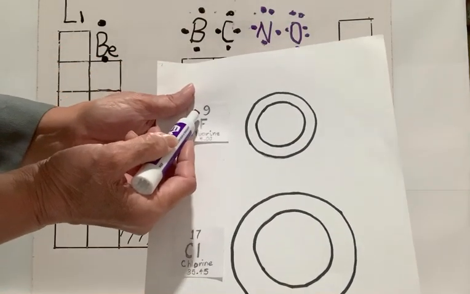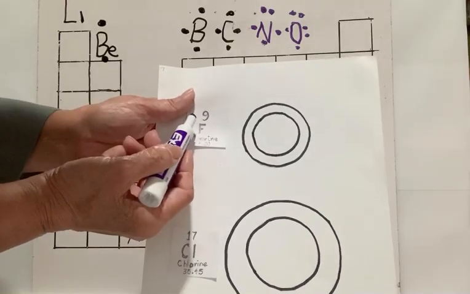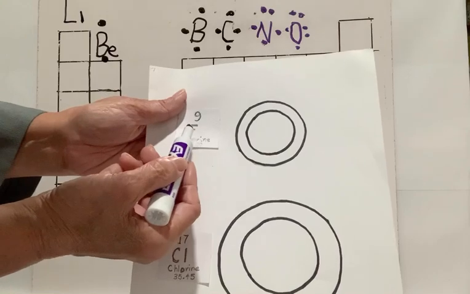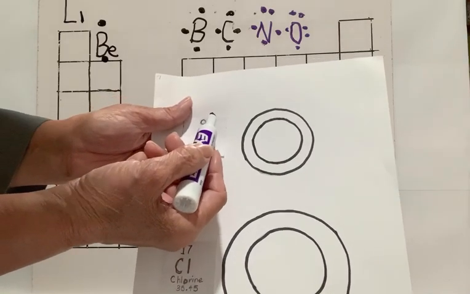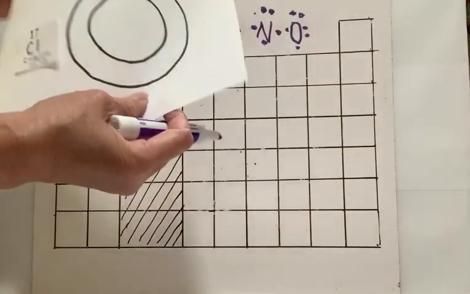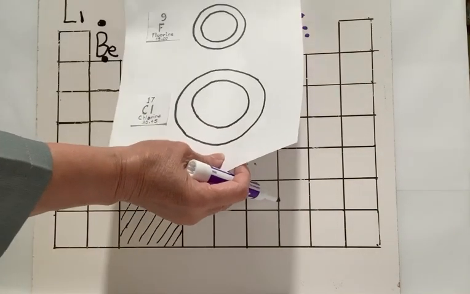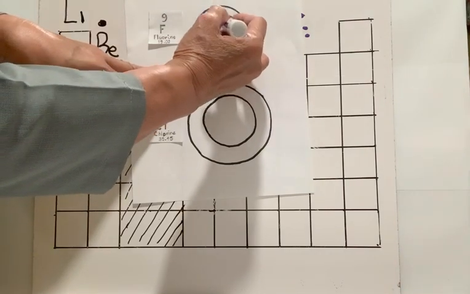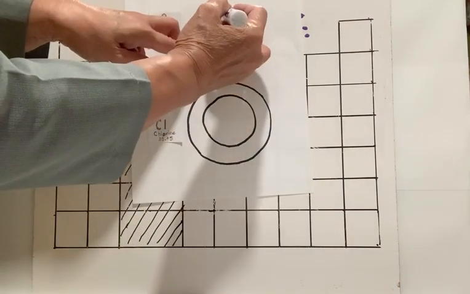So look, the atomic number of fluorine is 9. Therefore, the proton is 9. Fluorine is a neutral atom. Therefore, the electron is also 9. Okay? So, let us illustrate it also. So, this is the protons, 9 protons, and we'll have the 9 electrons.